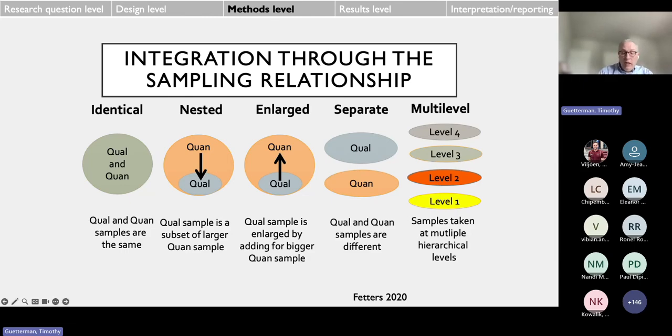We could also have multi-level samples. One study that I'm also an investigator on right now, we are looking at variation in hospital infections after cardiac surgery. So we're sampling at multiple levels. We are considering the level of the community, so what city or town these surgeries are happening in. We're thinking about the health system. There are large health systems that often have multiple hospitals within them.